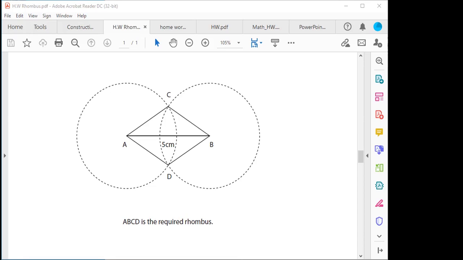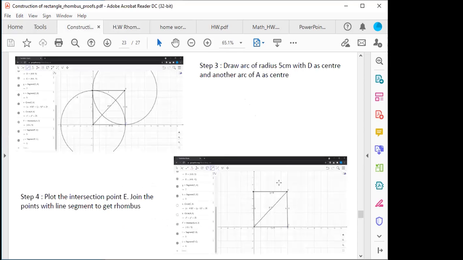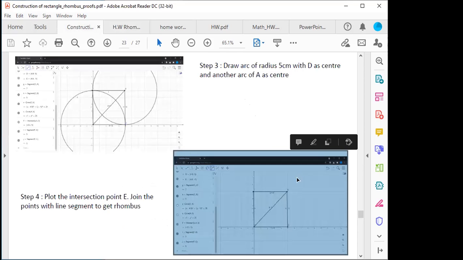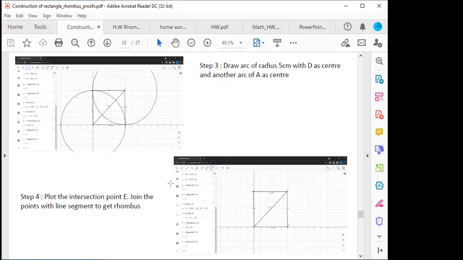Okay, so here is one rhombus that you see, and here is another rhombus. Now, between the two rhombuses, which one is easier? Or maybe I should give you another.